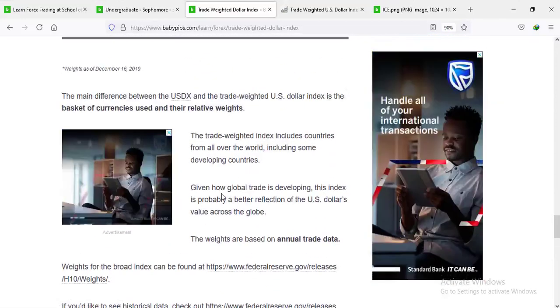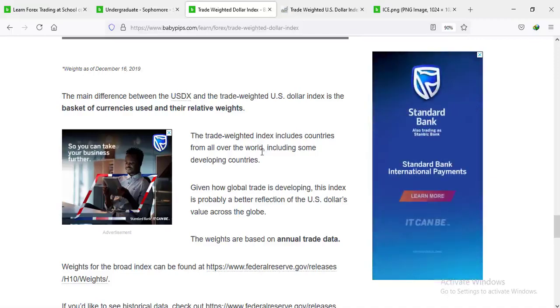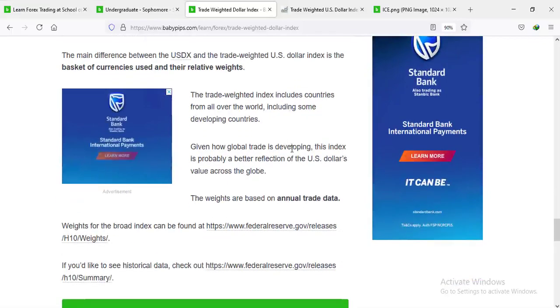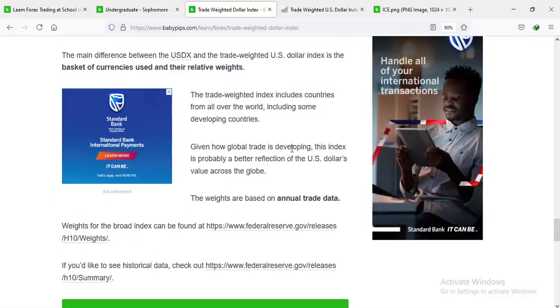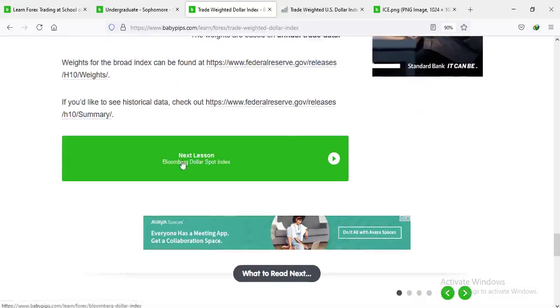They compute or they put data of transactions on a yearly basis, and they just add it to it. The point is they are trying to get the actual rates or current currency figures of the US dollar index. In my own opinion, I don't think this is really necessary, but if you want to use it, you can use it. So let's move on to the next lesson that says Bloomberg dollar spot index.